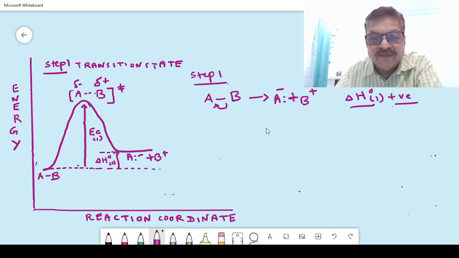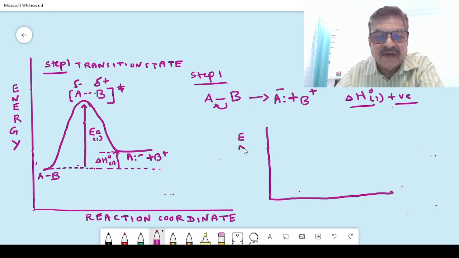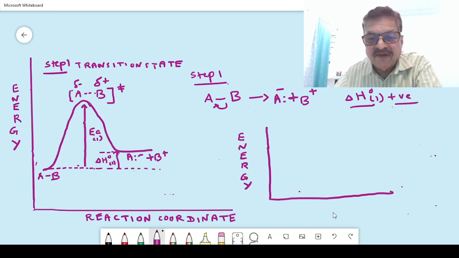Okay, step 2. This is the energy axis. This is the energy coordinate, the reaction coordinate here.